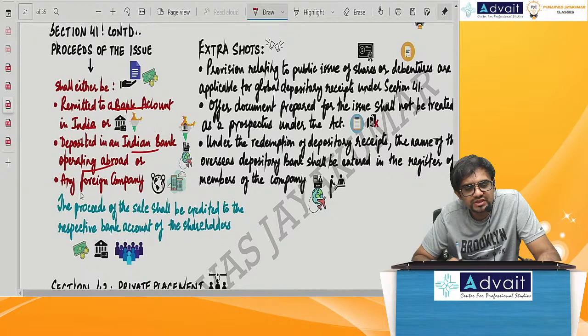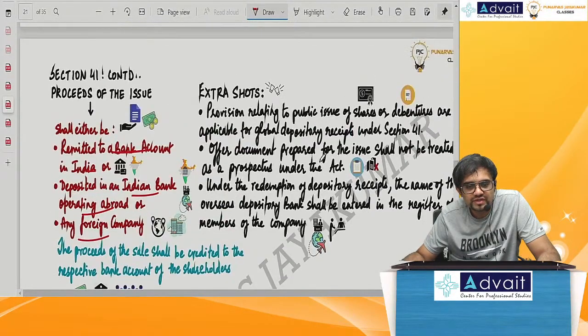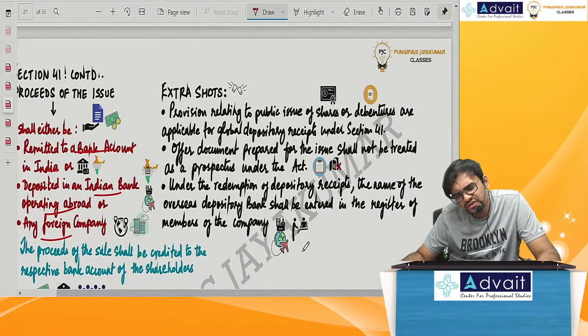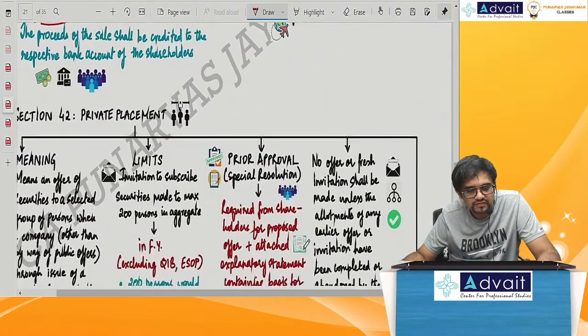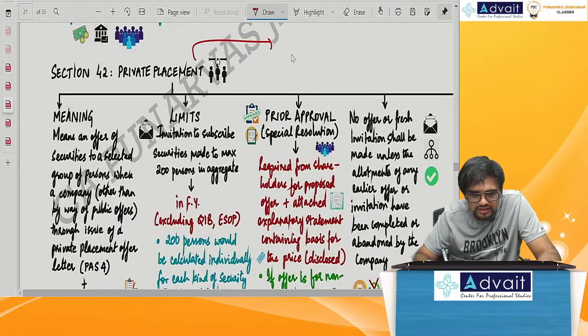Ultimately, the proceeds of the sale of such depository receipts will go to the respective account of the shareholders. Very, very simple. An offer document is needed. That offer document will not be treated as a prospectus as such. It is only for a certain group of people. Very, very simple.